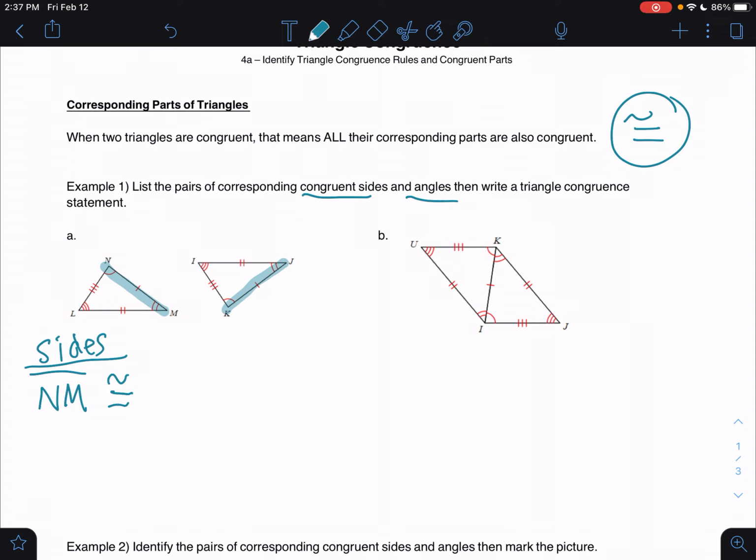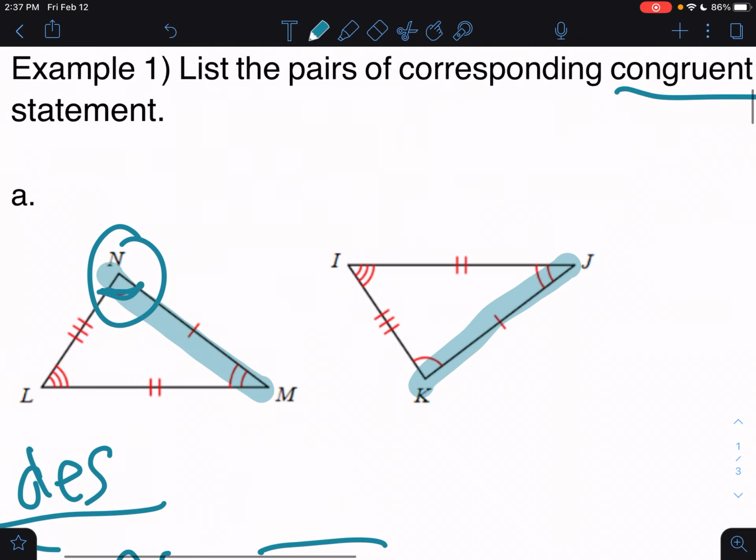Now here's where the order matters. So we have to say KJ and we can't say JK because our letter N right here is where there is one mark. So you see this one mark here, and then K also has one mark here.